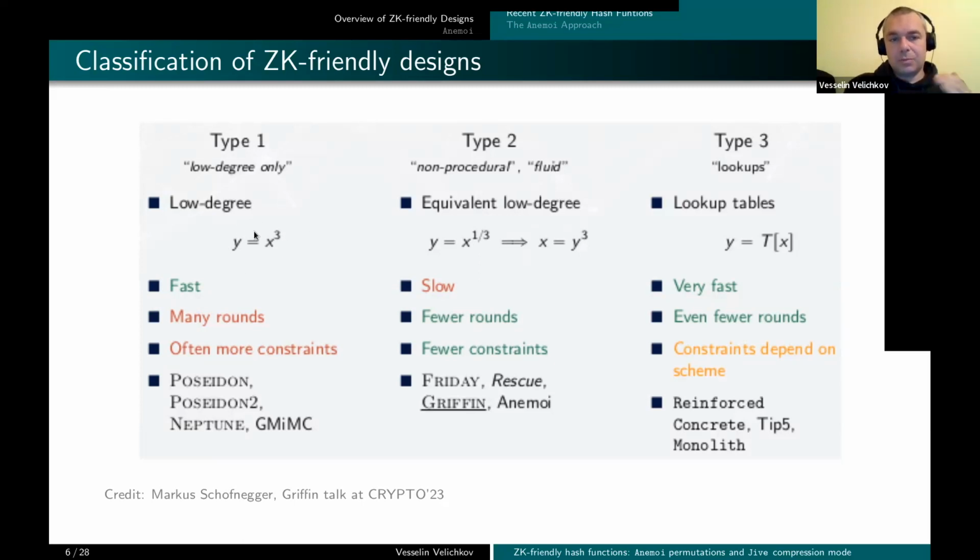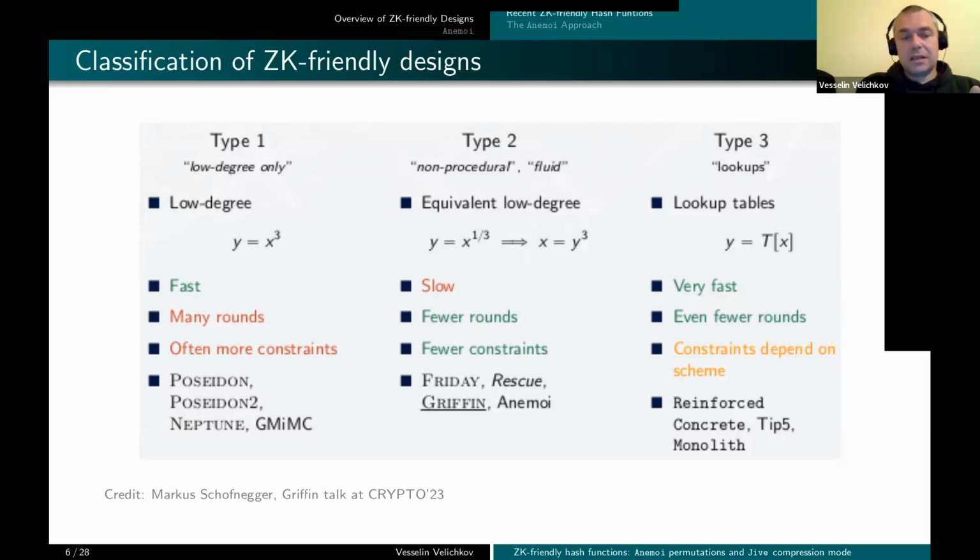But what matters here is that you are using those kind of power maps of low degree. Now, this is very efficient because computing the cube of x in a finite field will not take too many operations, 3 multiplications, right? Even two actually, right? x squared and then again x.